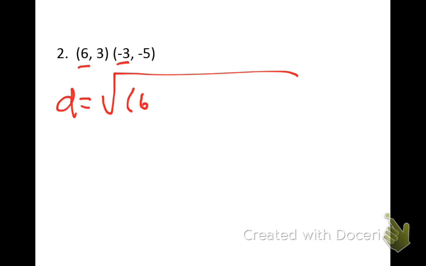So let's see if we can do it on this one. The distance is equal to the square root of, I'm going to take my two x's, and like I say, it doesn't really matter. If you would prefer to put the first x first, you can. Just make sure you're consistent on the y's as you do that. Plus, now since I used this first, I need to use this first. 3 minus negative 5 squared.